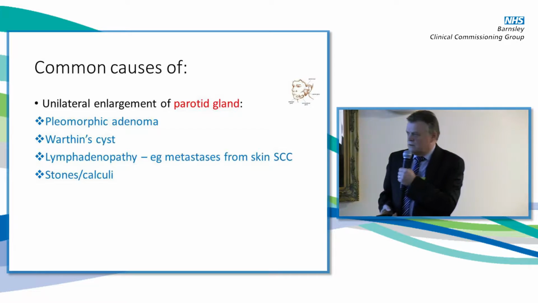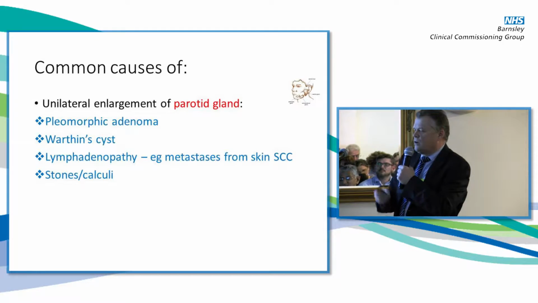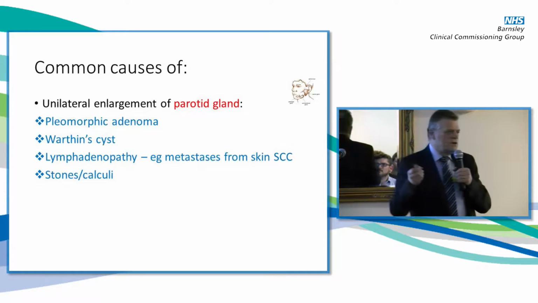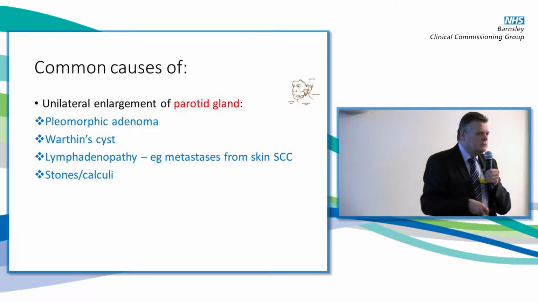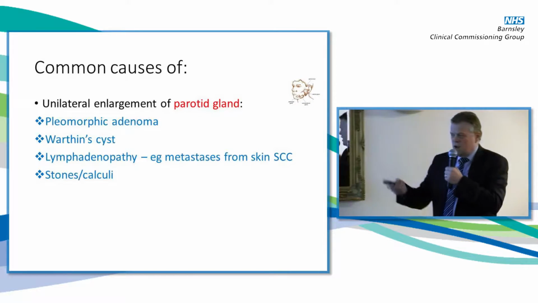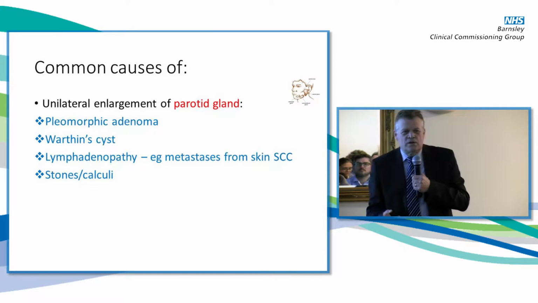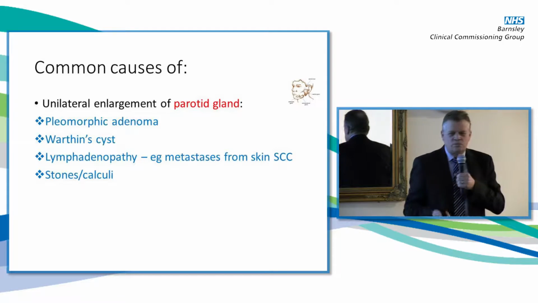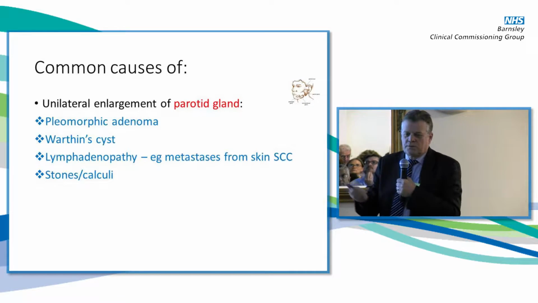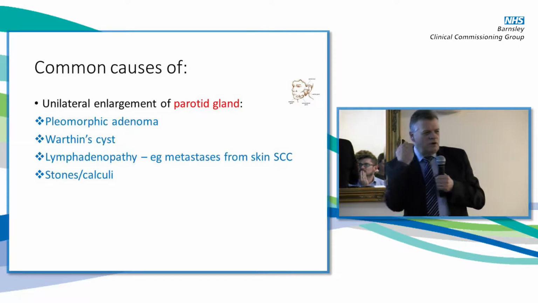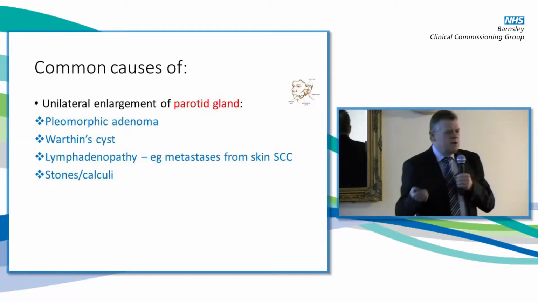So we seem to see a lot more of that now. Whether that's because in the past we didn't get to see it, or because guidelines have changed, we've encouraged people, dermatology especially, to refer patients who've got lumps in the neck to us because they may need a neck dissection.